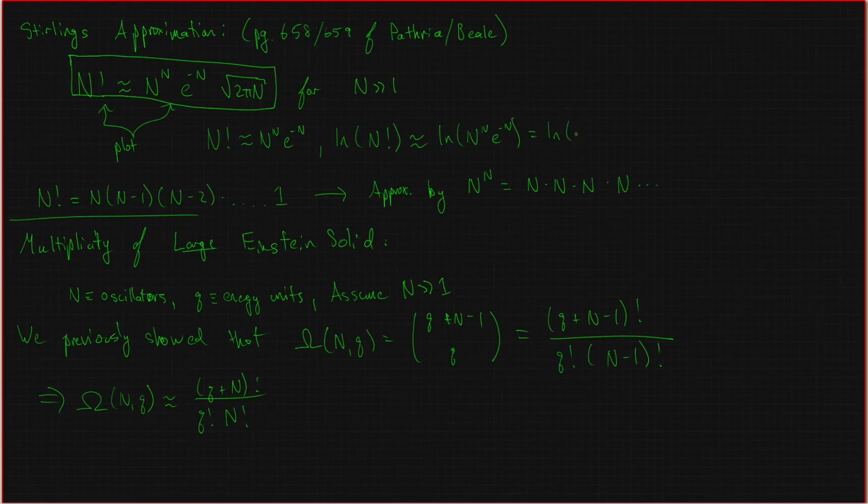So we can write this as ln of n to the n, and then plus ln of e to the minus n. And again, using some properties of the log, we can pull down the exponent outside here. So this is going to be n ln of n. And then ln of e to the minus n is just going to be minus n. Okay, so this is actually the form that we're going to want here. And I'll write it more succinctly, equals that.